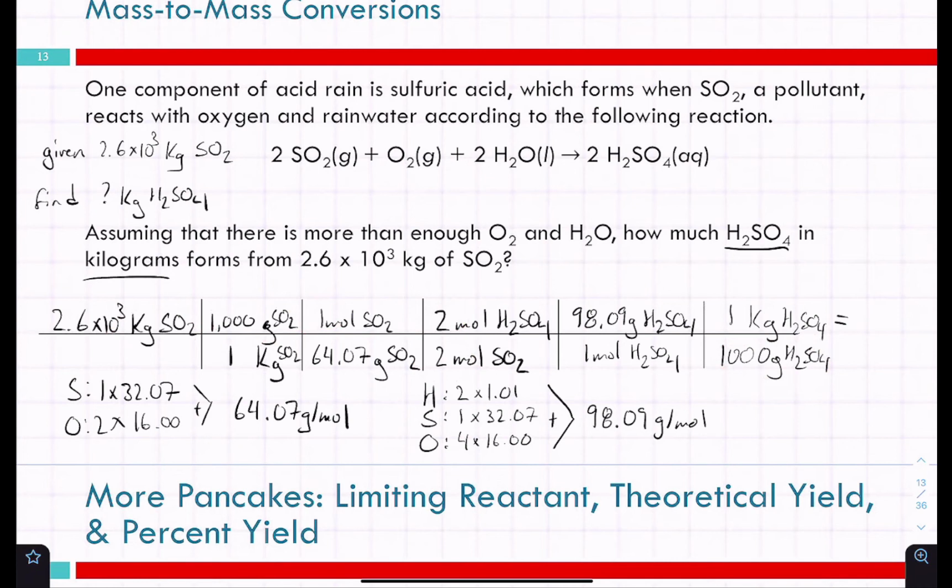So you do 2.6 times 10 to the 3 times 98.09 divided by 64.07. With sig figs, that's 4.0 times 10 to the 3 kilograms of H2SO4.